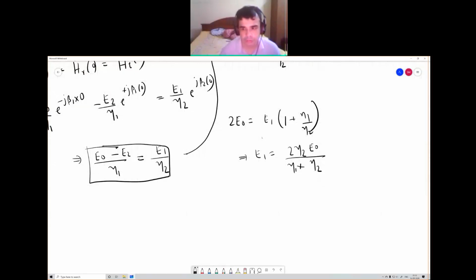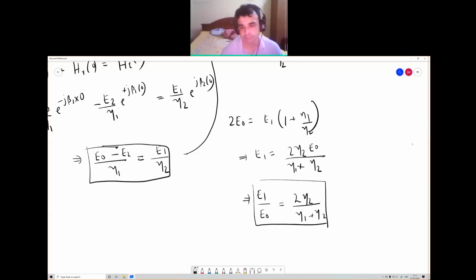So E1 by E0 equal to 2 eta 2 over (eta 1 plus eta 2). This is called the transmission coefficient. Okay.